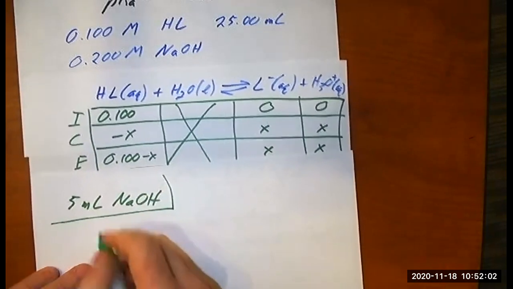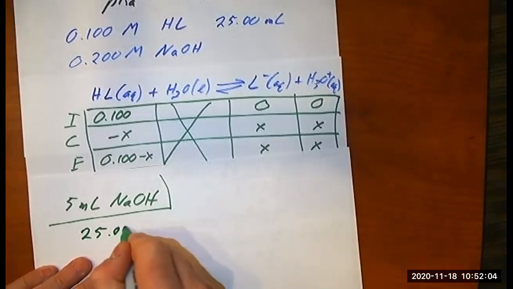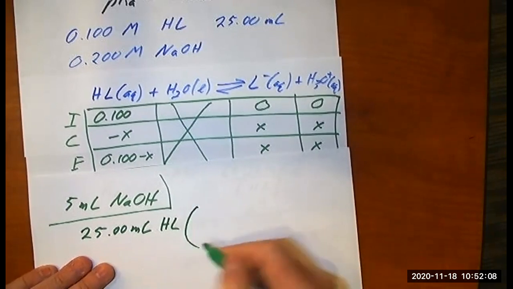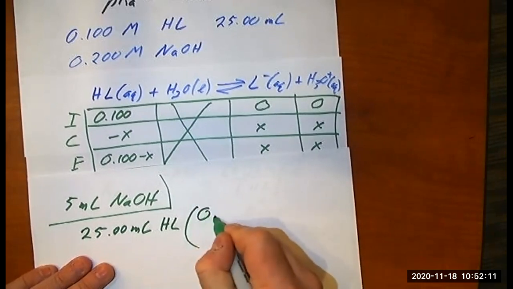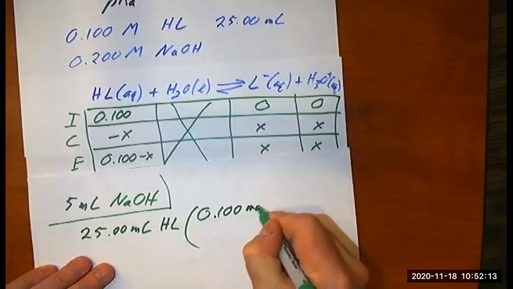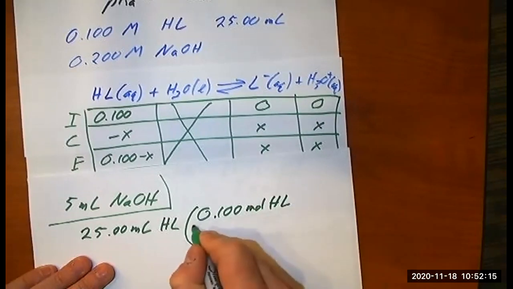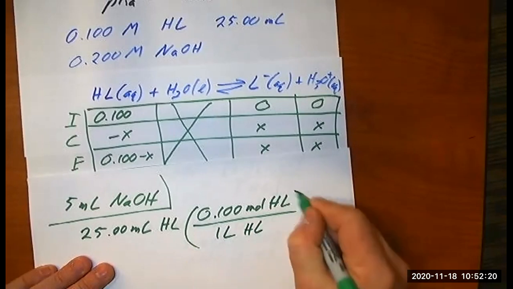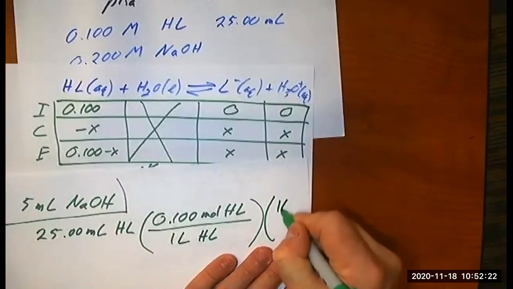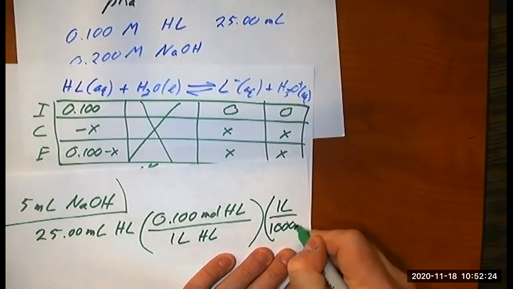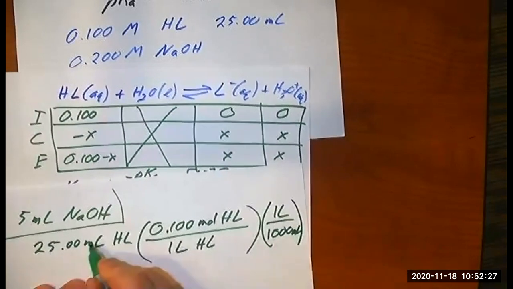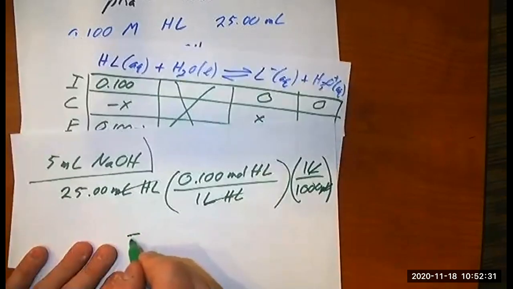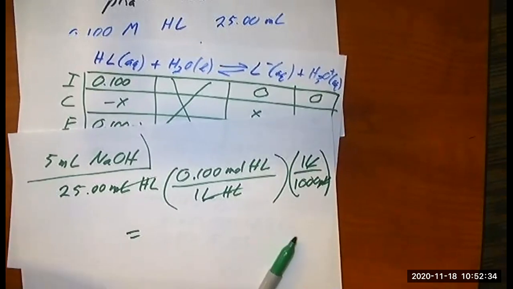So this is where we're aiming, but let's do some prep work here. If we have initially 25 milliliters of our lactic acid, and if our concentration is 0.100 moles of lactic acid per 1 liter, and we convert 1 liter to 1,000 milliliters, we are left with how many moles of lactic acid we started with.